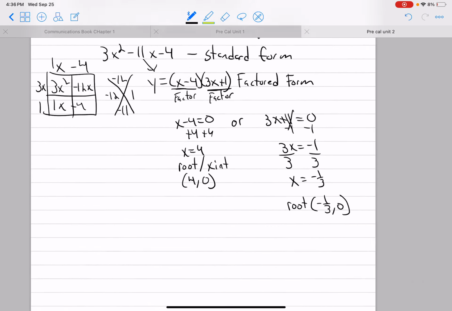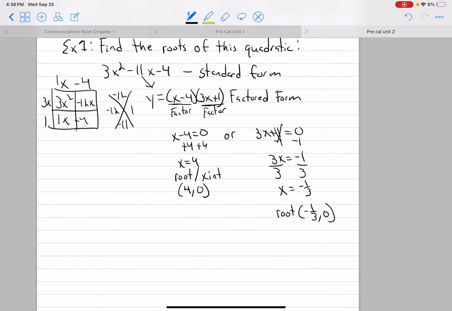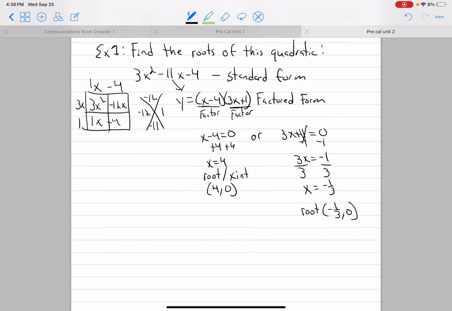So then if I was going to turn around and graph this thing just by the roots, and this is just a sketch, I'd be like, okay, well, I know it's a parabola. I know it's positive, so it's going upwards. So I have one root here. If this is, let's say, 1, 2, 3, 4. These are negative 1, negative 2, negative 3, negative 4.